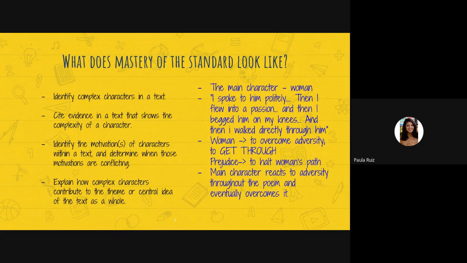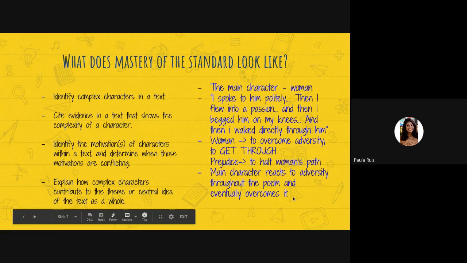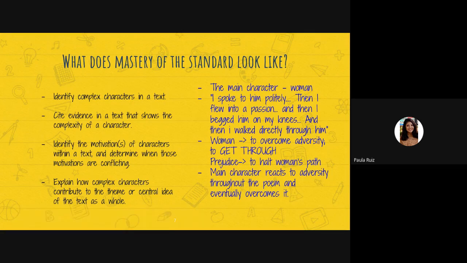If you're dealing with adversity and prejudice in life, this applies to anybody. A theme is that somebody reacts to adversity and overcomes it. So this can deal with man, woman, race versus race. It could deal with anything, anybody dealing with adversity.